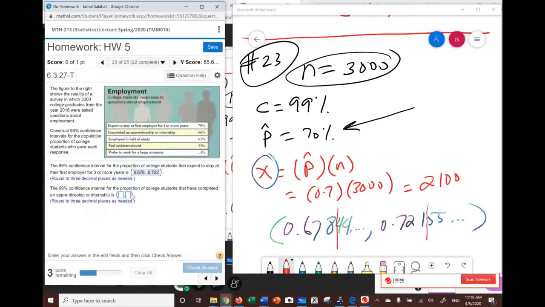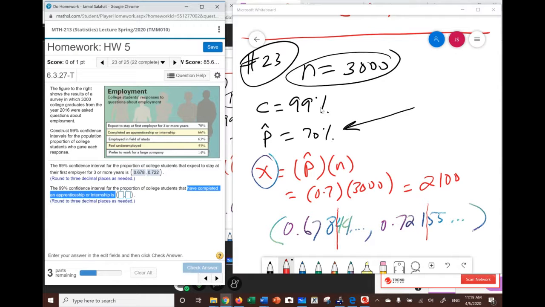Now, as you expect, for the second one they are talking about the 99% confidence interval for a proportion of college students that have completed, okay, the ones who have completed their apprenticeship or internship. And that's, by the way, the second one in here, which is the 66%.